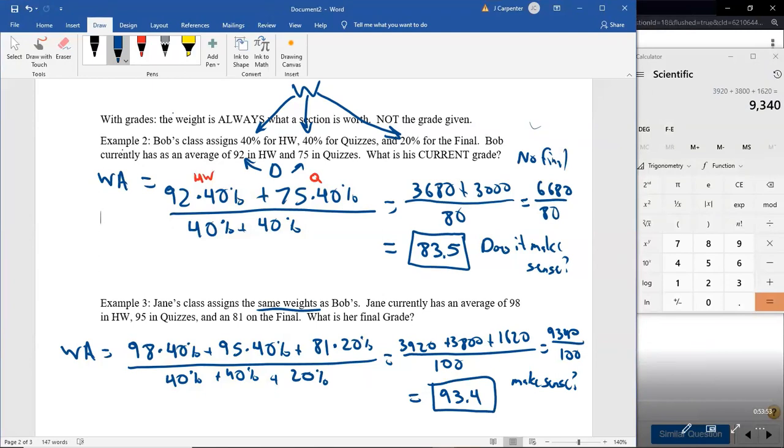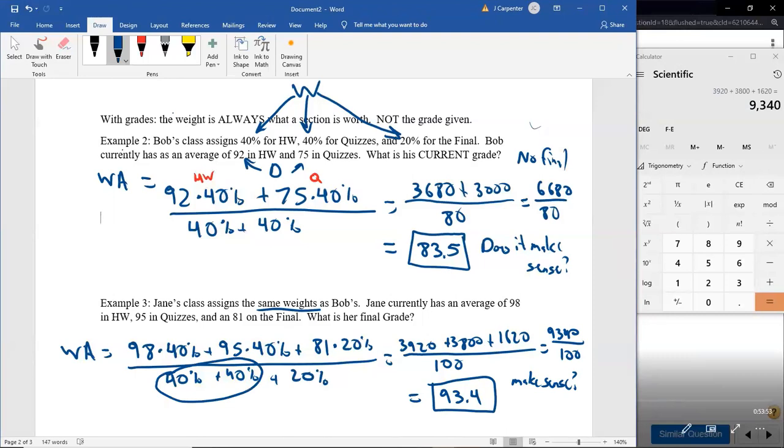I wouldn't really ask you to think about it further. But if you are working on becoming more numerate, you could say, all right, which should we be closer to? Well, we did really, really good on homeworks and quizzes, and homeworks and quizzes make up 80% of the assignments. So on 80% of the assignments, we did really, really well. That should have a bigger effect than the much smaller 20%, one-fourth the size, where we did slightly less well.